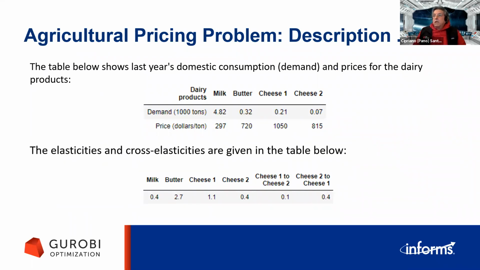So, for example, the demand of milk from last year was, and this is in 1,000 tons, 4.82, and the price per ton was $297. And also, in this model, we are going to consider elasticities and cross elasticities of the products. So for milk, the elasticity will be 0.4, and the cross elasticity from cheese 1 to cheese 2 is 0.1, and from cheese 2 to cheese 1 is 0.4.